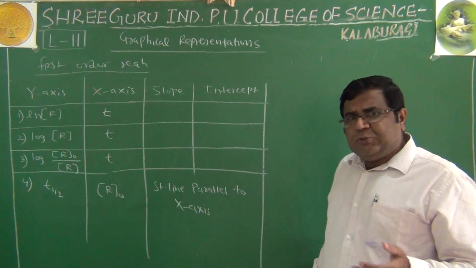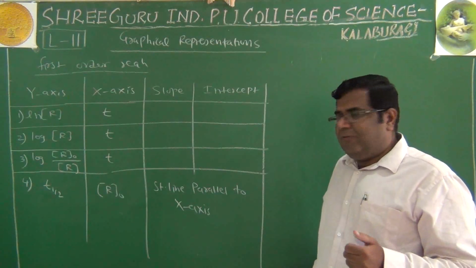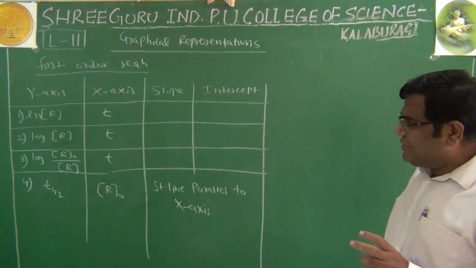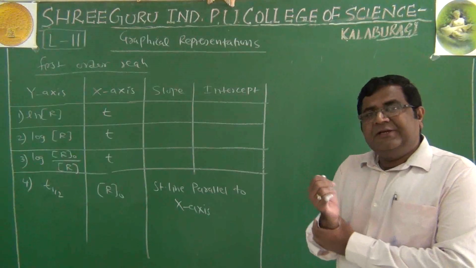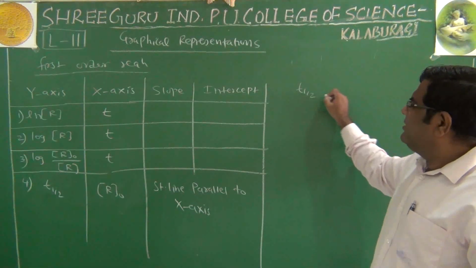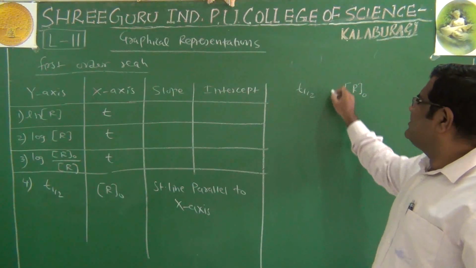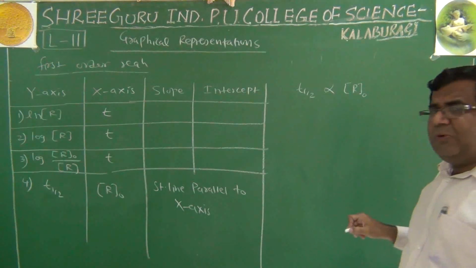Now before moving to the numerical question, I want to clear one point here. See the relationship between half-life period and initial molar concentration in every order. This half-life period and this R0 initial molar concentration, it is directly proportional.